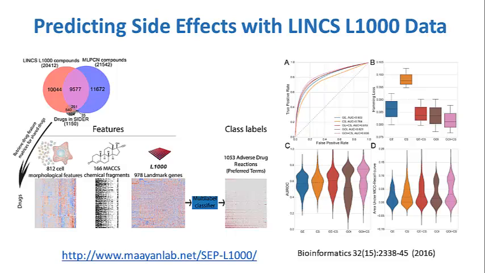And the idea is that for FDA-approved drugs, we know the side effects. But for all of those other drugs, we have this information, but they haven't been tested in humans yet, so we don't know their side effect profile. So this is important to prioritize what side effects you should look for before you test those drugs in people.